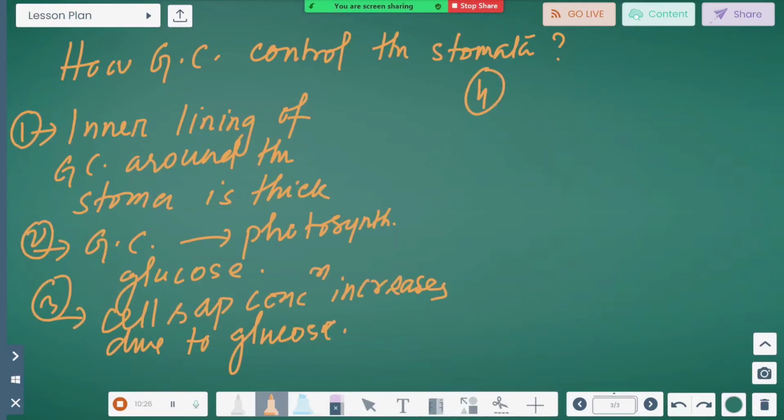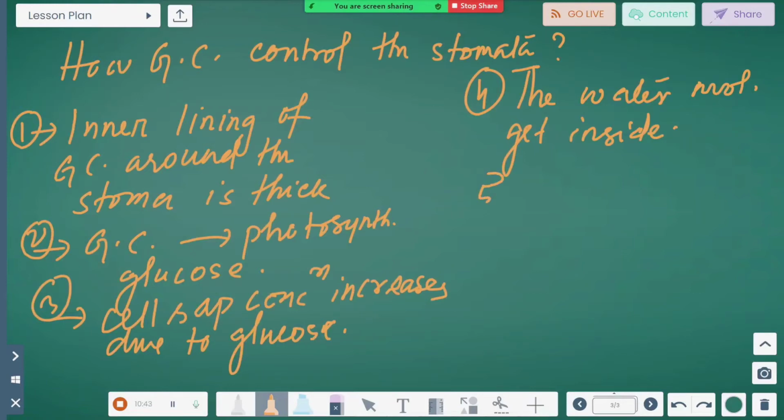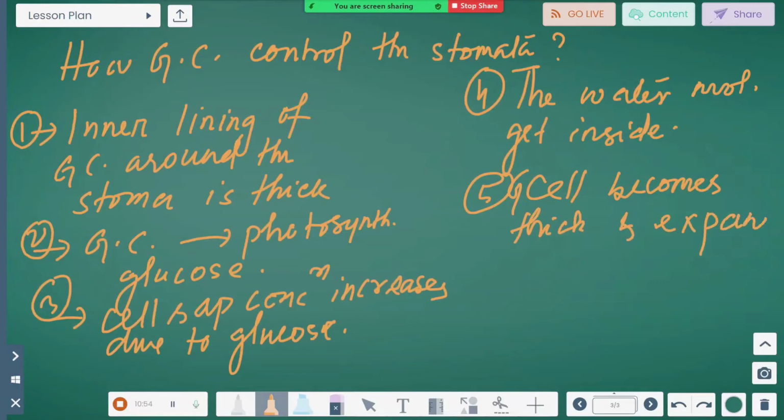Step 4: if cell sap concentration increases due to glucose, immediately you can see that water molecules start getting inside the plant cell cytoplasm. Because of this, the plant cell, or the guard cell over here, becomes thick and expanded, and the term we use for being thick and expanded is called turgid.